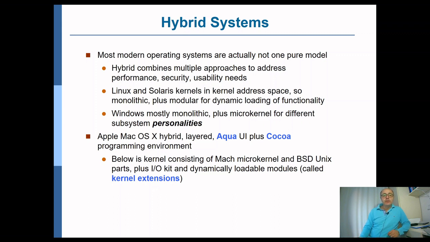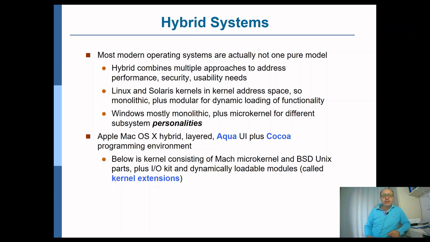In the case of Mac OS X, which is the operating system of Apple computers, they have a layered approach where the user interface is called Aqua. It's one project. The user interface is one project named Aqua. The programming environment is yet another project named Cocoa.